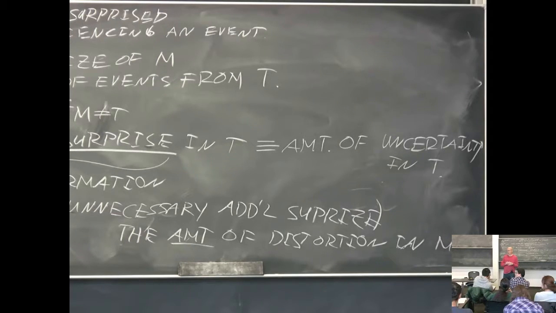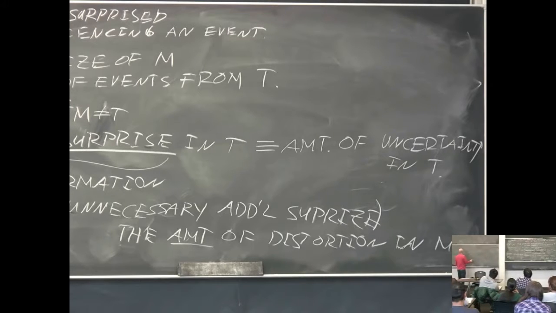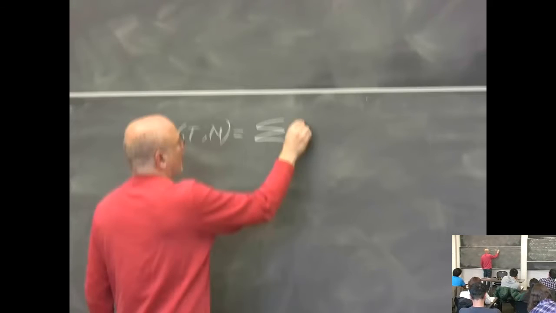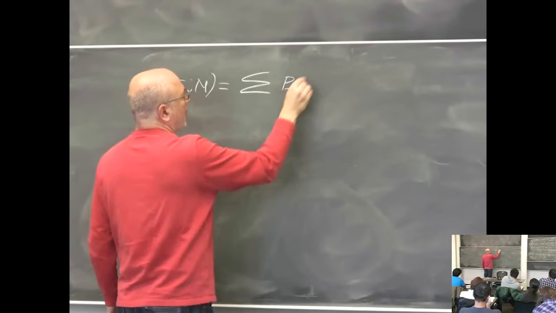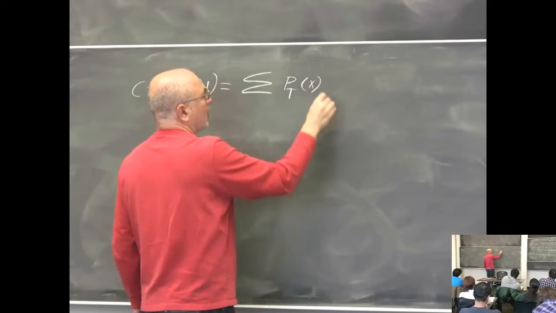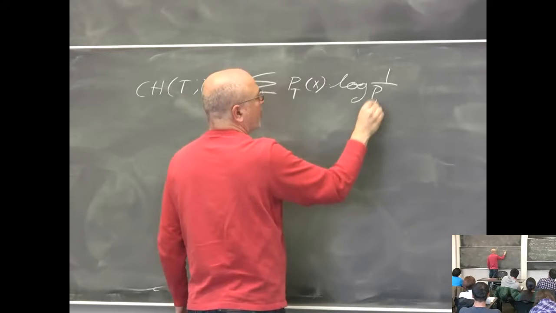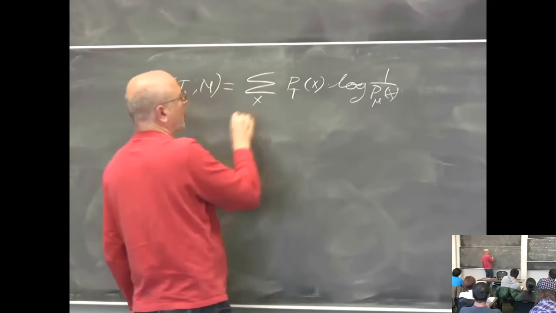Yes? What's the relation between cross entropy and mutual information? So cross entropy of T and M is the sum of P_T(x) times log of 1 over P_M(x), summed over all x's.